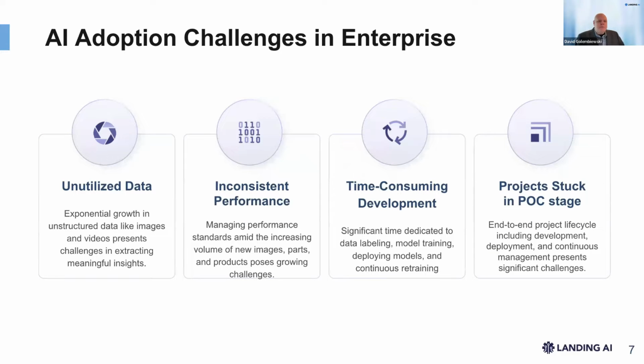So what are some of the barriers to adopting AI in 2024 in your business? Number one, unutilized data is a potential gold mine for medical and pharmaceutical companies. This unstructured visual data, you've amassed it perhaps over the last many years.